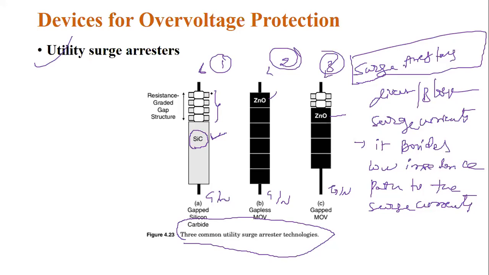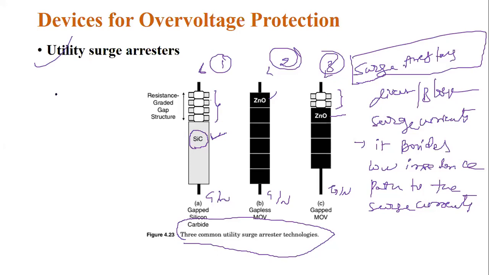Now see this: a resistance grade gap structure in this case. Here in the second one there is no gap structure. The third one has some resistance grade structure. The first one you can call a gapped silicon carbide, and the second one you can call gapless.